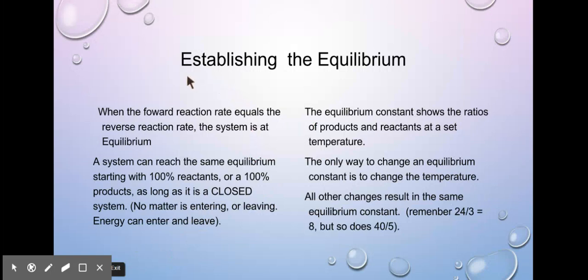Okay, so when we're establishing an equilibrium, we've got the rate of the forward reaction equal to the rate of the reverse reaction. And with that towel situation, until it had reached that equilibrium, it was still evaporating more than it was condensing. And then it reached saturation vapor pressure, where the air would not hold any more water.